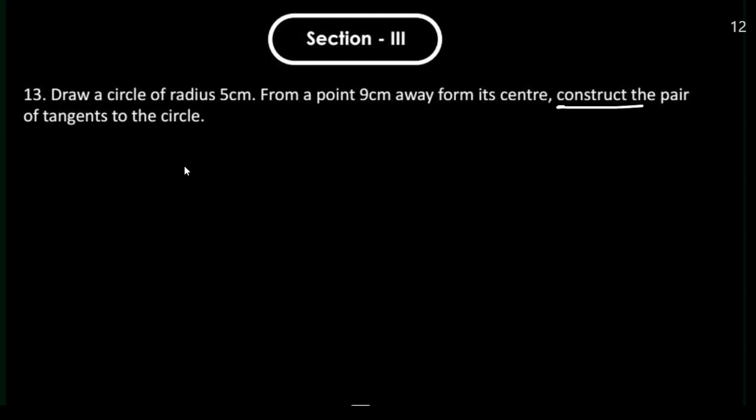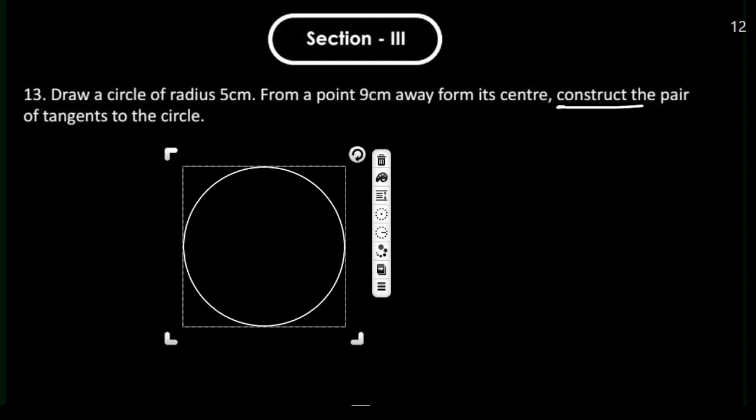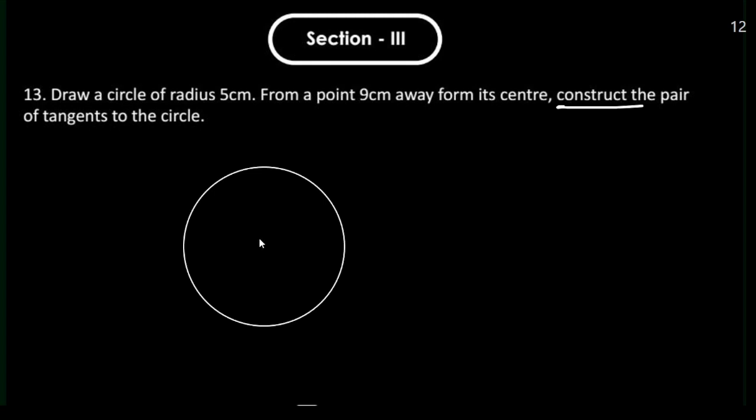First you need to draw a circle of 5 centimeter, right? Mark the center, and from this center, 9 centimeters apart, we have a point. Just connect these 2 points. Any line, anywhere, but the distance from its center should be 9 centimeter.